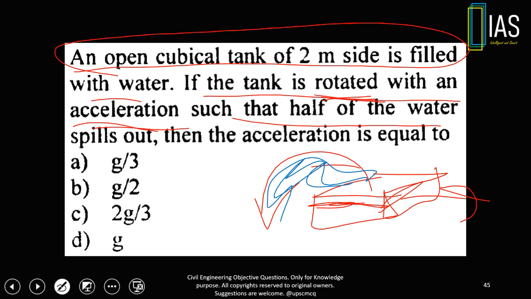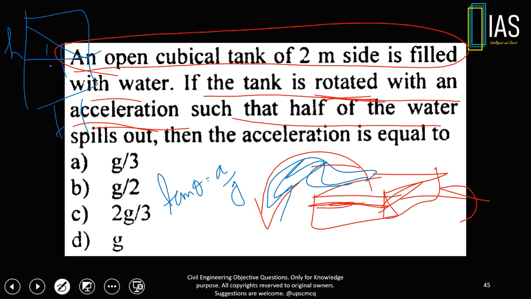For this, there's one more concept that you have to learn: tan theta is equal to A upon G. Now if we see the cross section or the elevation, theta is the angle made by the water with the horizontal. This will be better explained in the next slide.